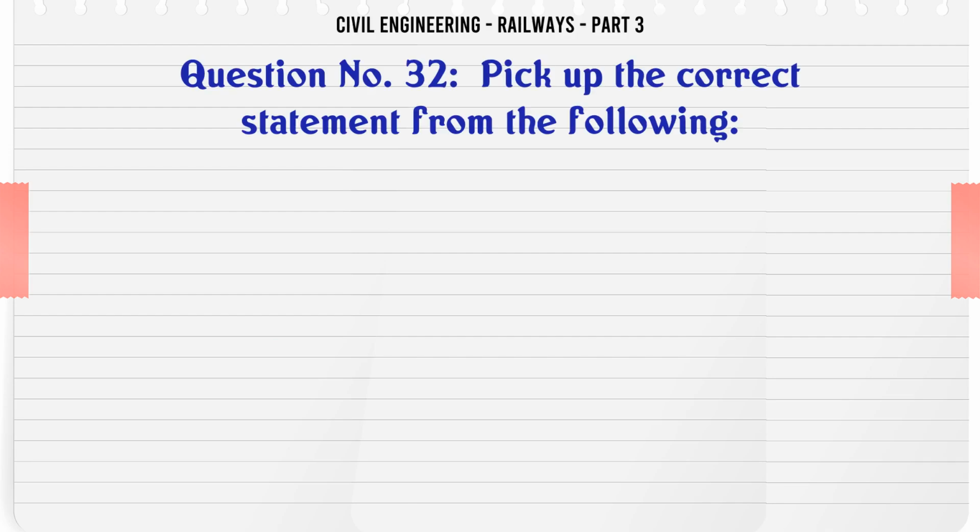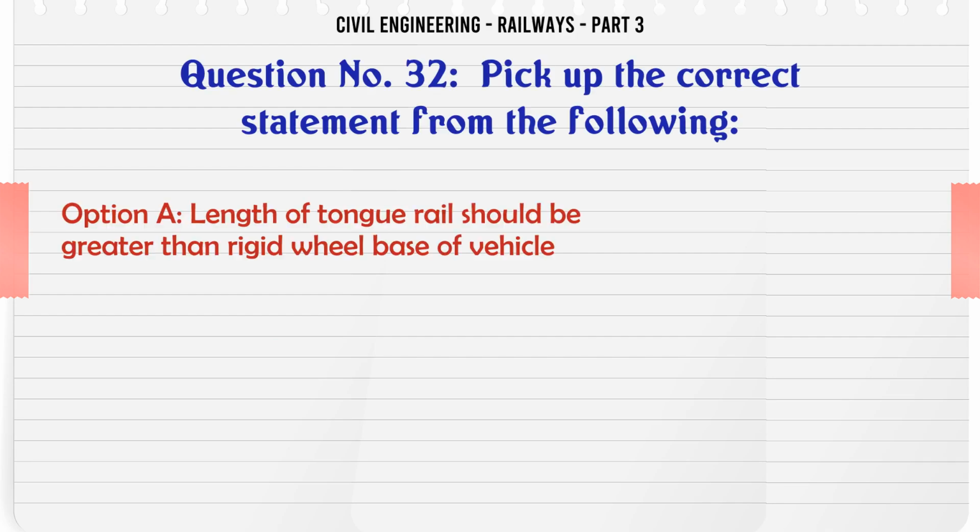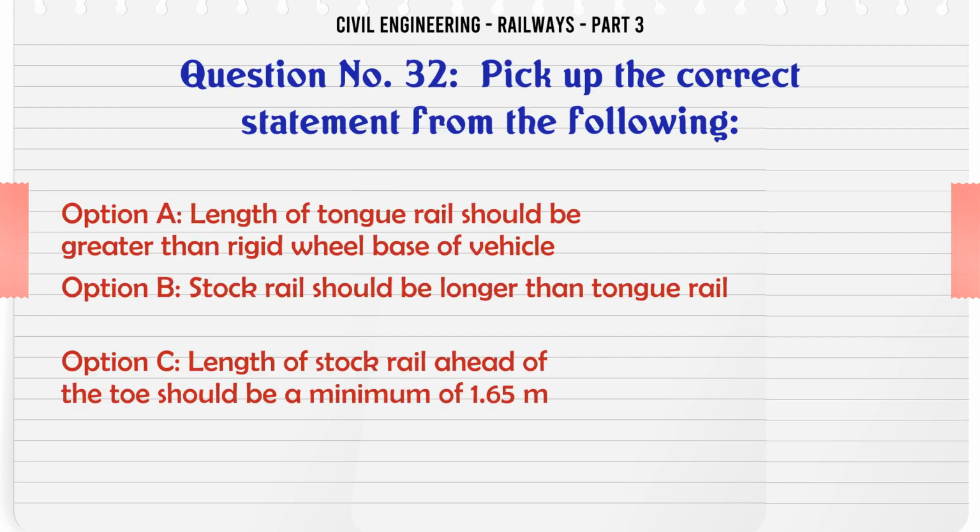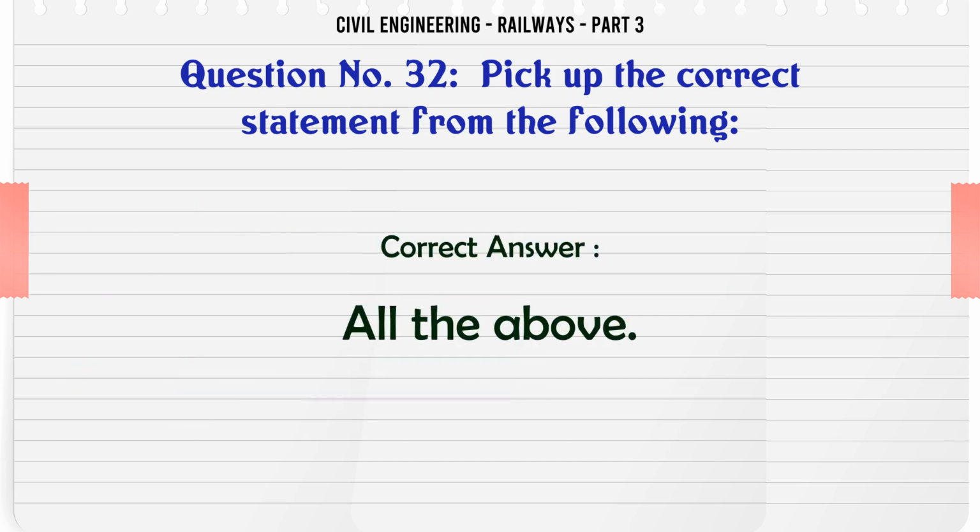Pick up the correct statement from the following. A. Length of tongue rail should be greater than rigid wheelbase of vehicle. B. Stock rail should be longer than tongue rail. C. Length of stock rail ahead of the toe should be a minimum of 1.65 m. D. All the above. The correct answer is all the above.